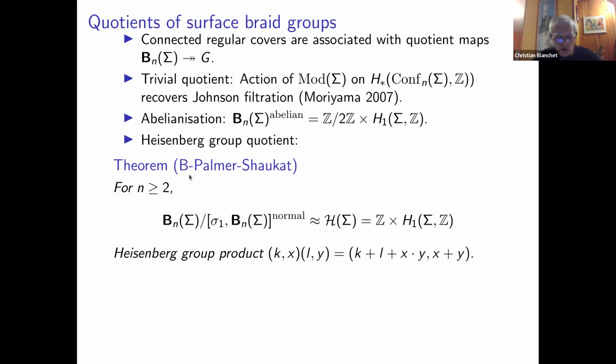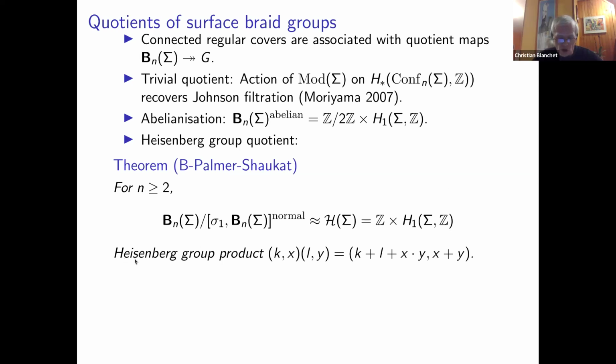We started with an easy result with Martin Palmer and Ives Chocat, which is that if you quotient the surface braid group by the commutator with sigma 1, meaning that you force sigma 1 to commute, then you get a quotient which is the central extension of the homology, known as the Heisenberg group.